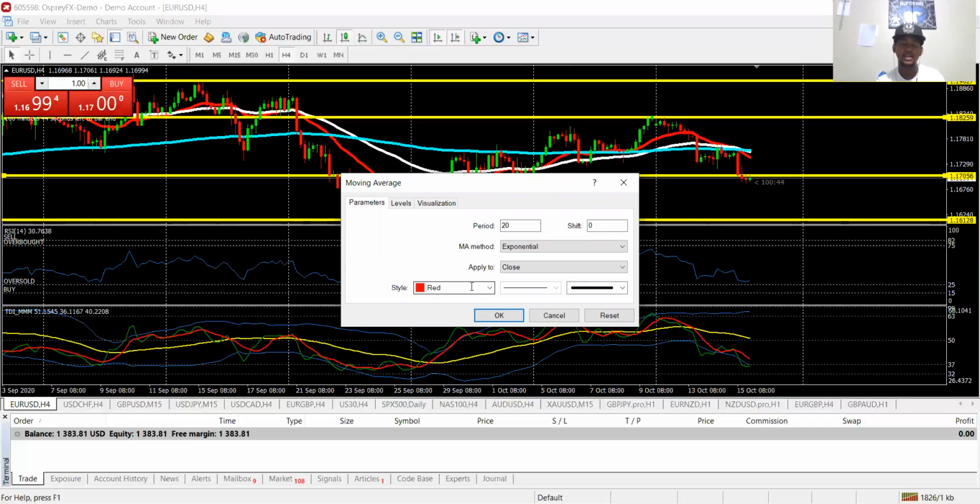I make it red because I feel like the 20 exponential moving average is so well respected, so I want it to be like an alert sign. Then I make it really big, for you guys that have trouble seeing those little bitty lines. I use the big line so I can honestly see how it's being respected.